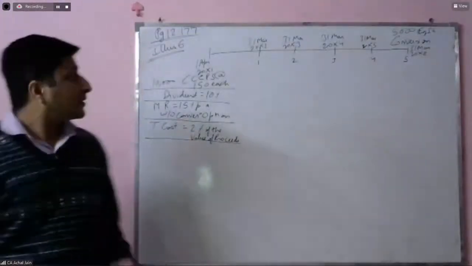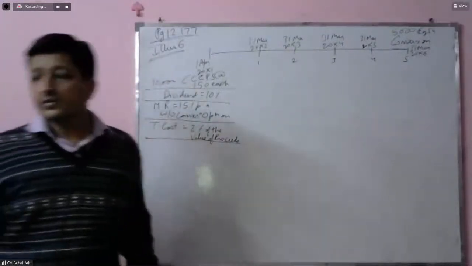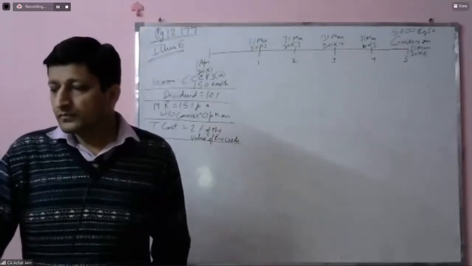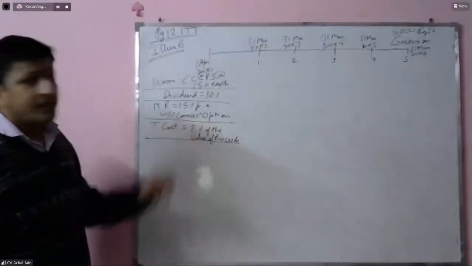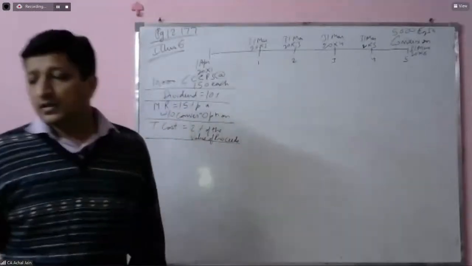Total proceeds we can compute: 10,000 into 150 each, so the total proceeds are 15 lakh. Transaction cost will be 15 lakh into 2%, which is 30,000. This is again given in the question itself.